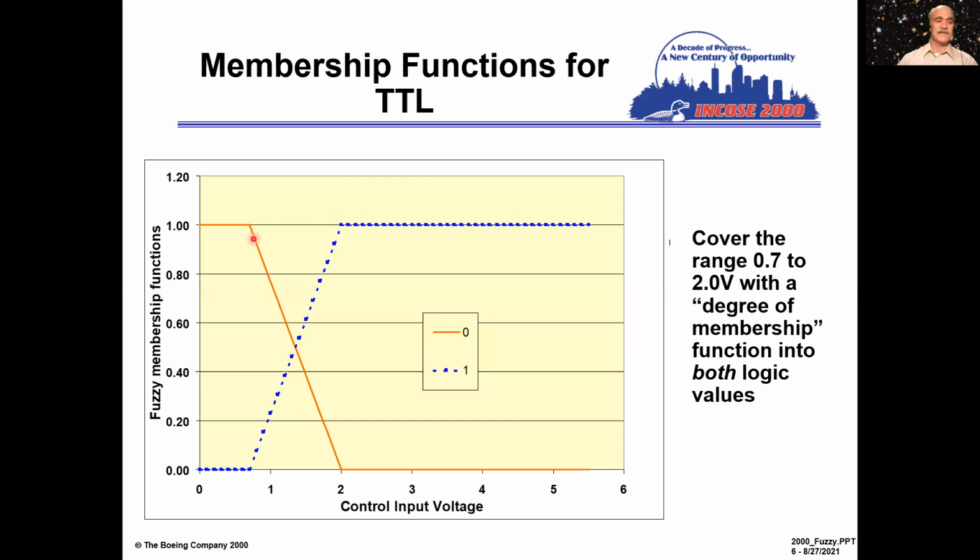So we have linearly decreasing from 1.0 to 0 for the 0 state, and linear increasing from 0 to 1 for the 1 state. So these are membership functions, or if you will, probabilities that you would be in one state or another. But we have to define the membership function for all output states based totally across the whole parameter range. And I haven't gone below 0 or above 5 in this example.